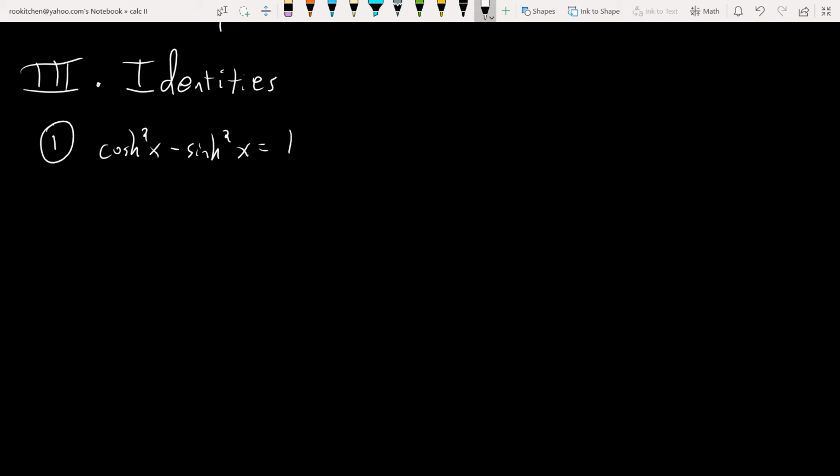Let's just put in 1. Prove cosh squared x minus sinh squared x equals 1, and I want you to do the proof just like I'm going to do here. So I want you to basically copy it. Okay, so starting on the more complicated side, I note, the goal is to go from the left to the right, or the right to the left, or kind of do a channel idea where the French are coming in from the right and the British are coming in from the left.